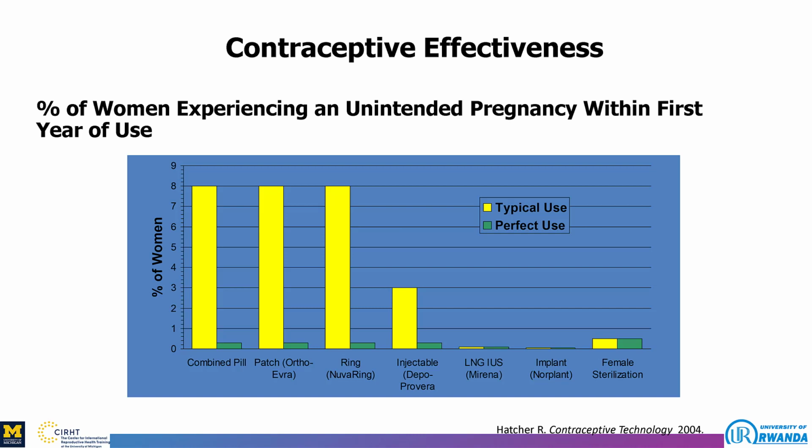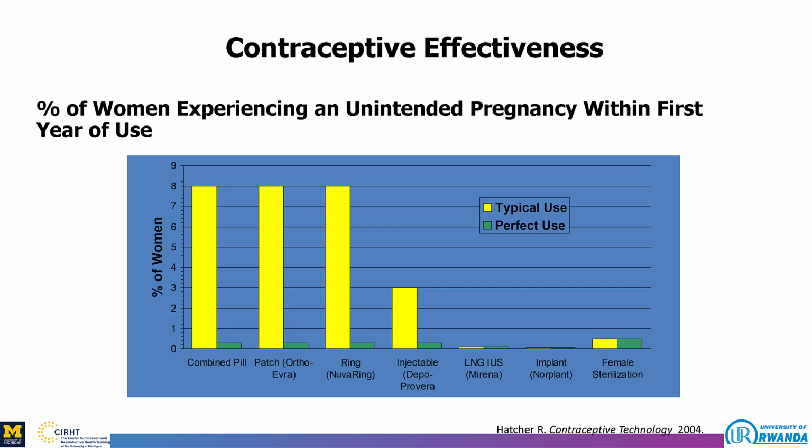On contraceptive effectiveness, we also want to show the percentage of women experiencing an unintended pregnancy within the first year of use. You can see the combined pill, the patch, the ring, and so on. There's a huge difference between typical use and perfect use, so we also have to put more energy and emphasis on training.